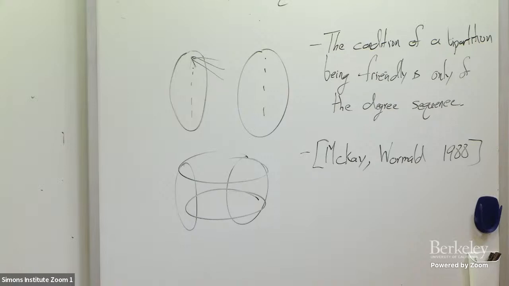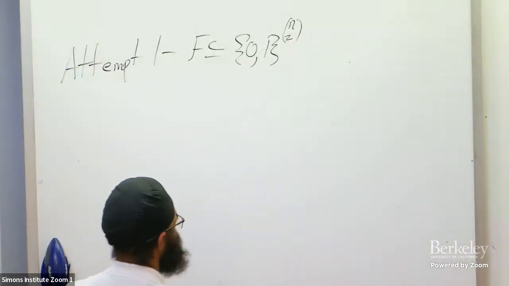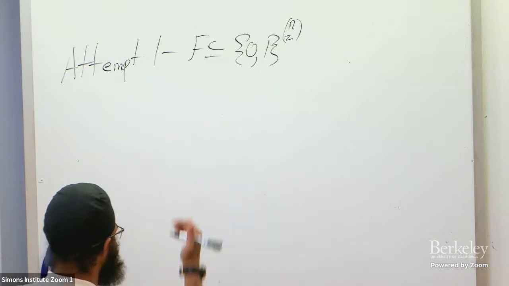So for the rest of the talk, I'm going to think of G(n, 1/2) as just a random subset of {0,1}, a random string in {0,1}^(n choose 2), by identifying edges with [n choose 2].